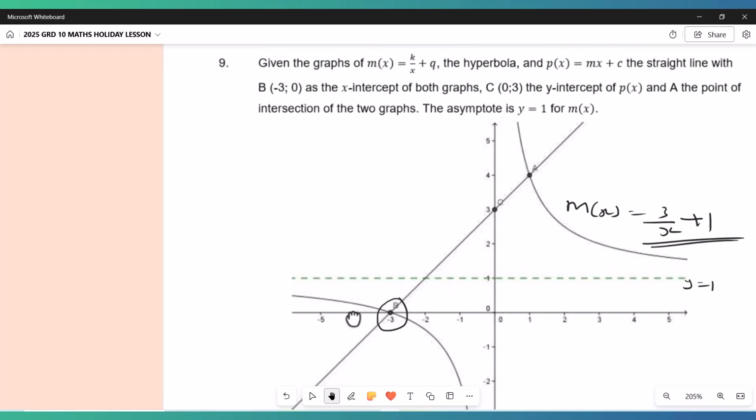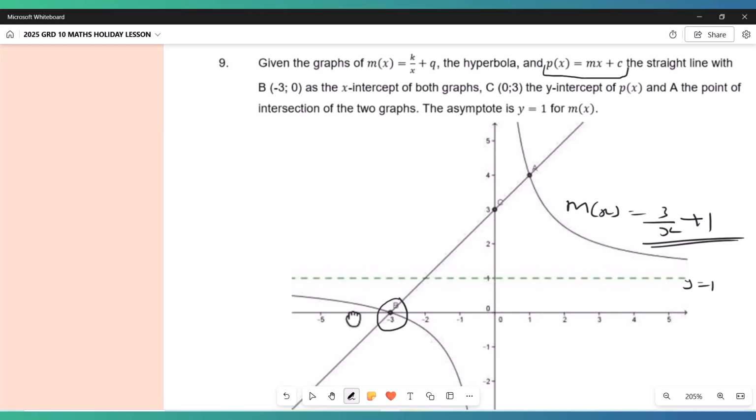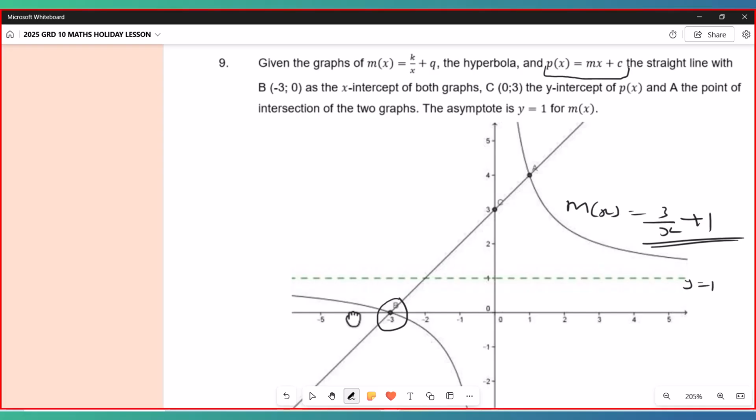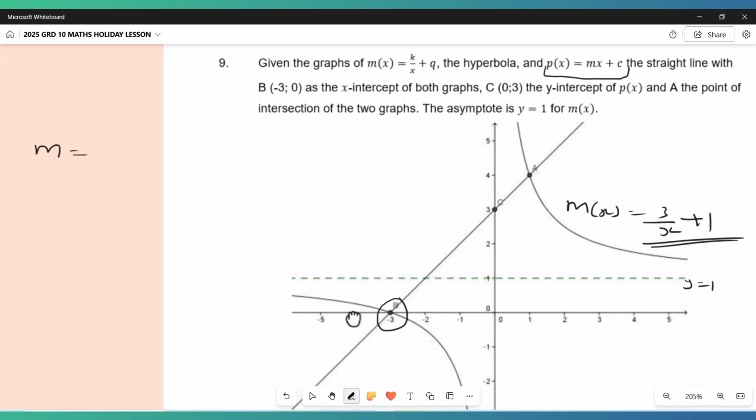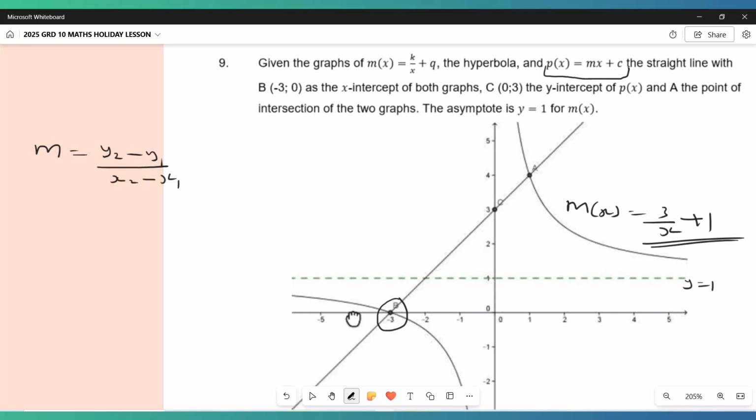So for p equals mx plus c, that's what you see here, guys, we need to find m and c, then we're going to be sorted. So to get our m, I'm going to use the gradient formula, that's y2 minus y1 over x2 minus x1.